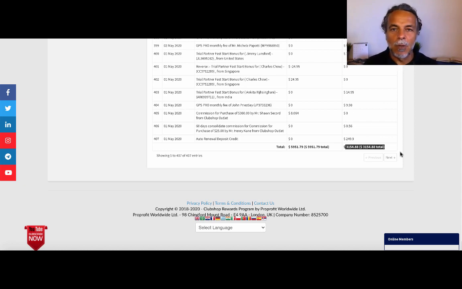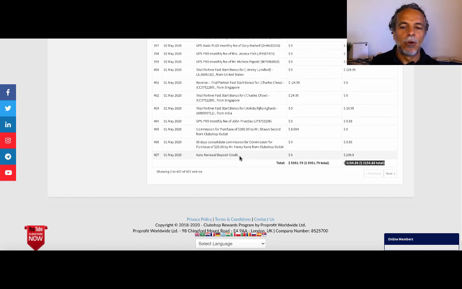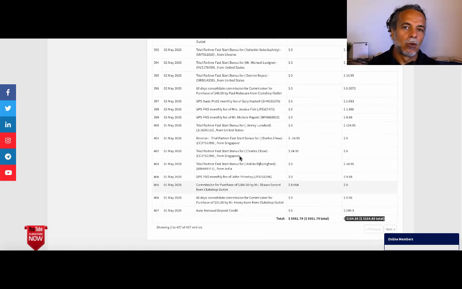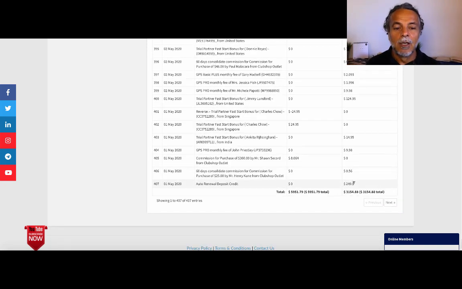Okay, the cycle is always that one. On the last day of the month, we calculate all the commissions of everybody, and then we're going to pay it as soon as possible during the next month, before the 21st. Okay, this includes also, when you have the automatic renewal, the automatic renewal makes it so that the amount of your next monthly fee for your GPS is debited on the last day of the previous month and credited again the first day of the next month, so that it can then be deducted on your GPS renewal day.